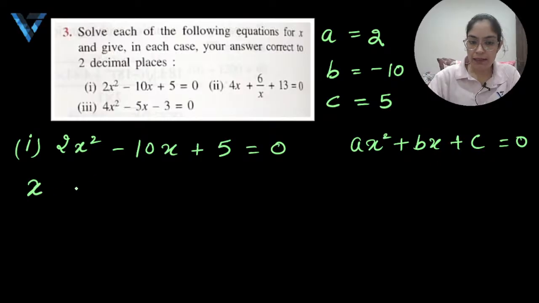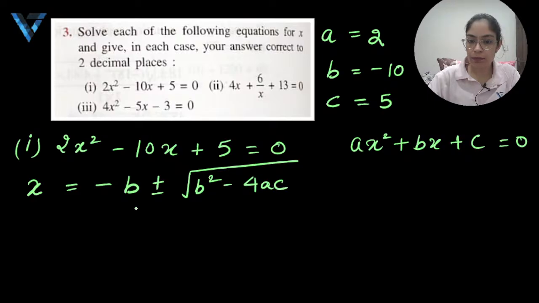So the formula is x is equal to minus b plus minus square root of b square minus 4ac by 2a. So let's substitute now.